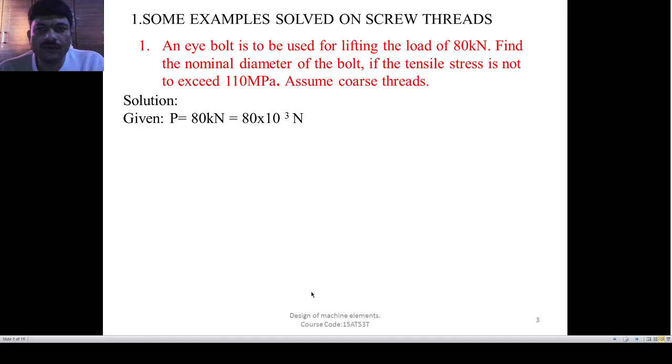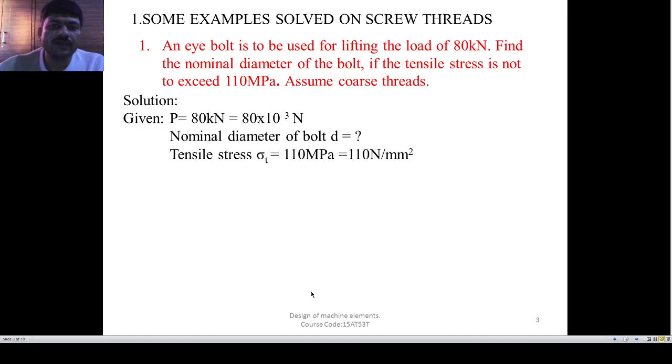We have to find the nominal diameter, that is the small d, of the bolt. The tensile stress is not to exceed 110 megapascal, that is sigma t equal to 110 Newton per mm square. Assume coarse threads.